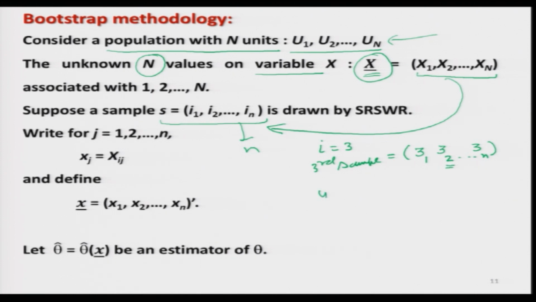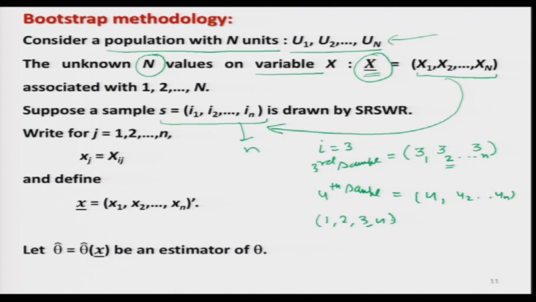Similarly, if you take the fourth sample, then the fourth sample will be denoted as 4 1, 4 2, up to 4 n. Right. So, what does this mean? Suppose I have got a sample, say 1, 2, 3, 4.